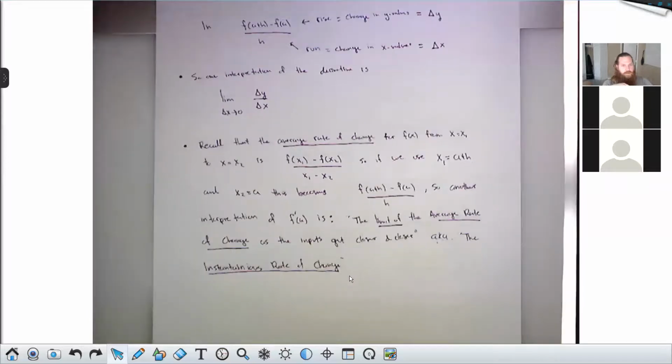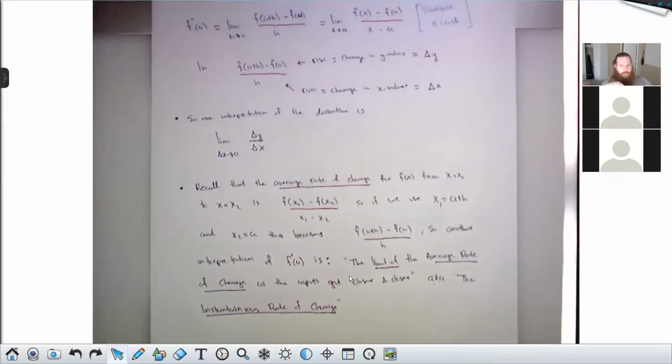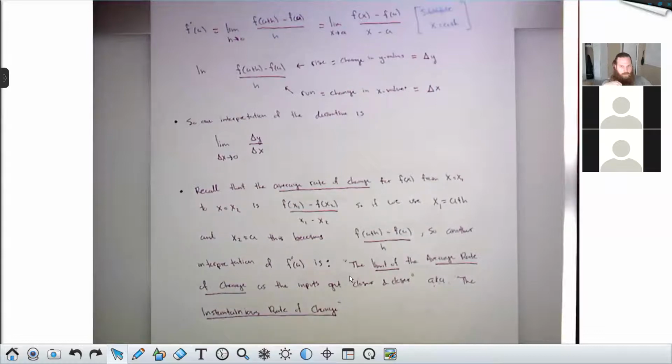I'll zoom out for just a second, in case anybody needs to ask questions or make clear here any concepts. Any questions on this page? All right.